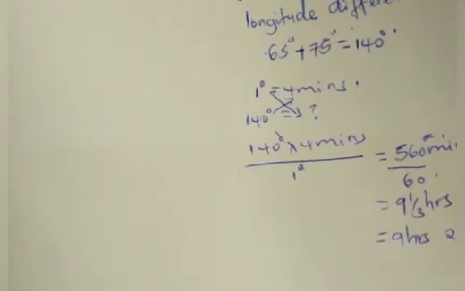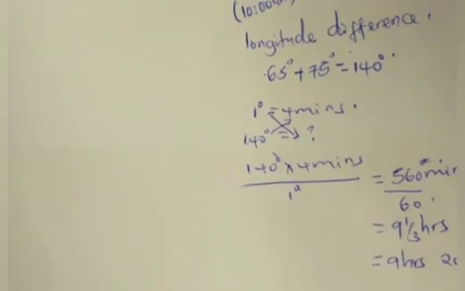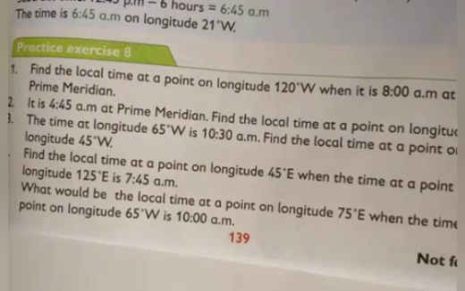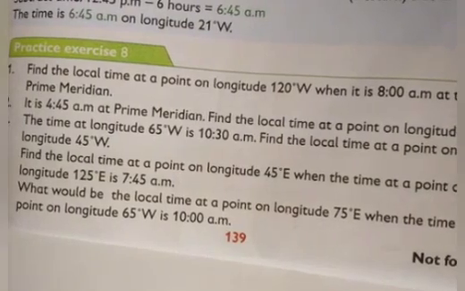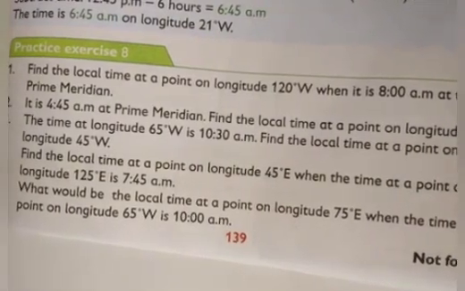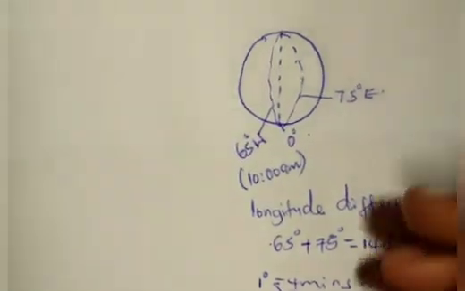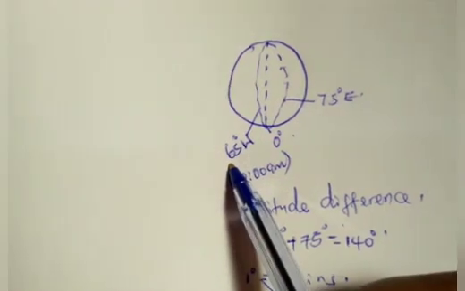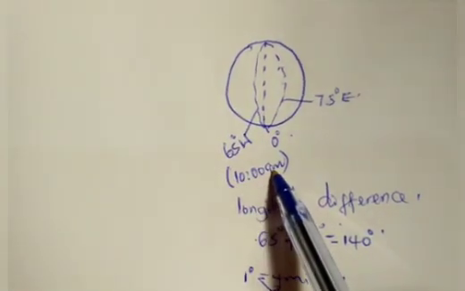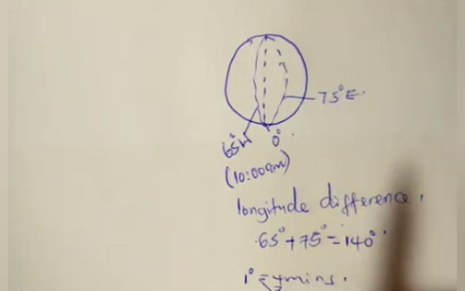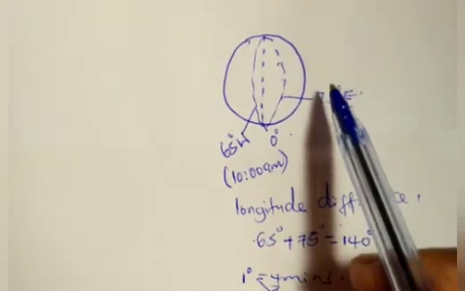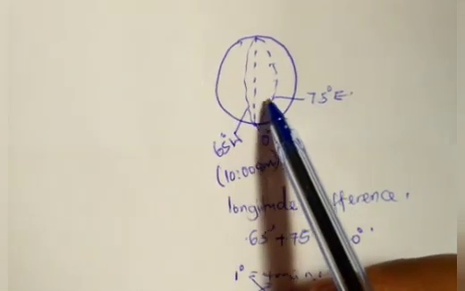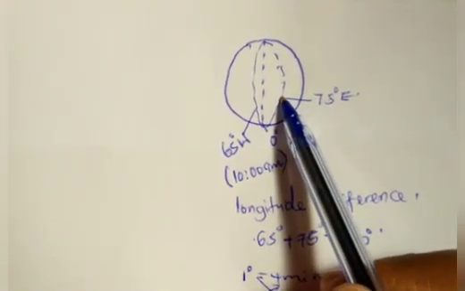And then let us go back to our question. We want to know the local time at a point on longitude 75 degrees east, when the time at this longitude is 10 a.m. Remember, as we said earlier, when the point is at the eastern side of the longitude for which we are given the time, then the time at this point is ahead.